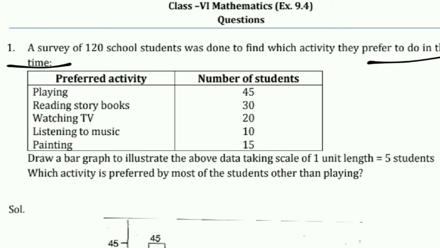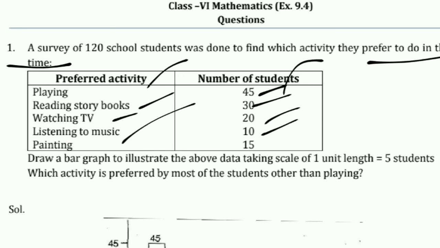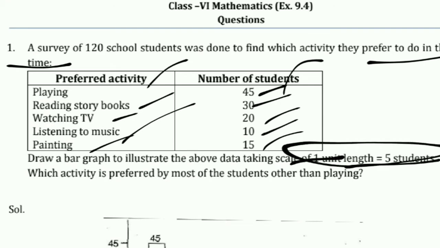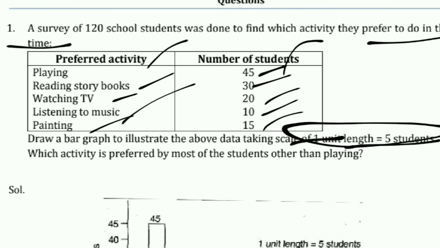Preferred activity and number of students: playing 45, reading storybook 30, watching TV 20, listening to music 10, painting 15, and we have to take the scale 1 unit length equals 5 students. And one more question: which activity is preferred by most of the students other than playing?